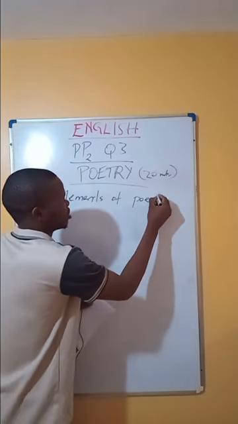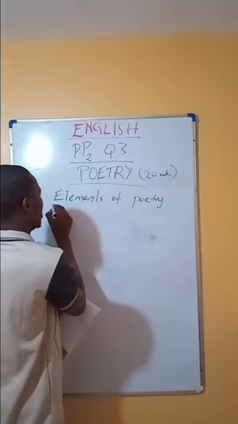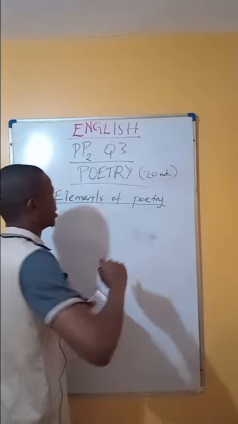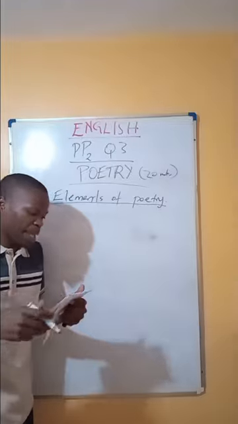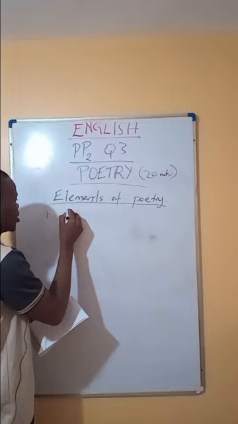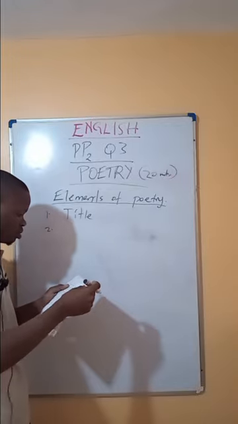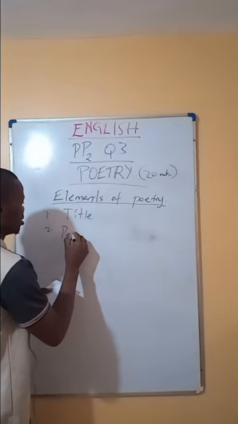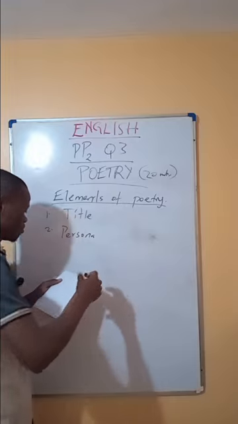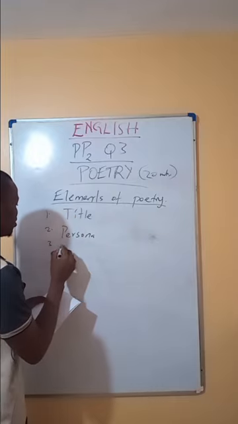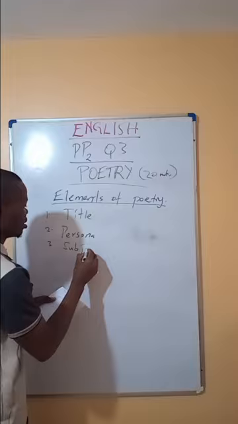elements of poetry. Some of the questions that are usually tested in poetry, that is question 3. Number 1 is the title. A very important thing. Number 2, we have the persona. Number 3, we have the subject matter.